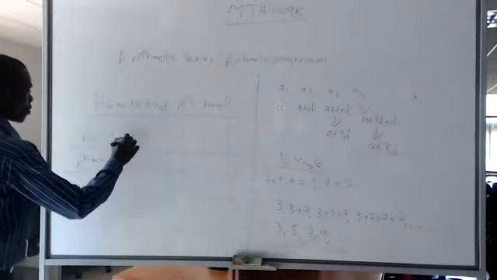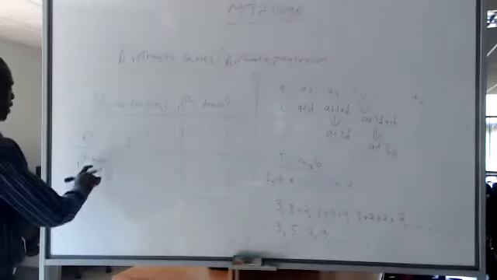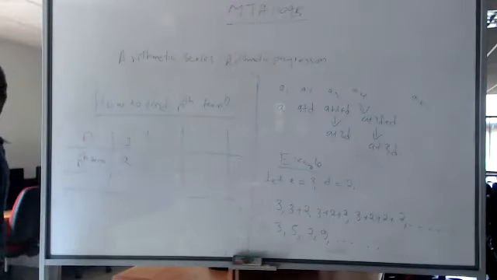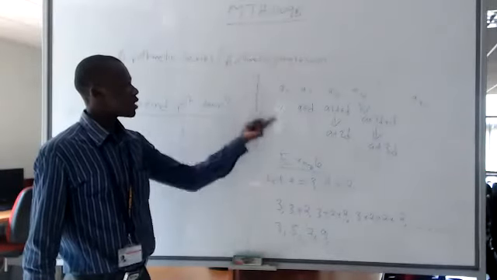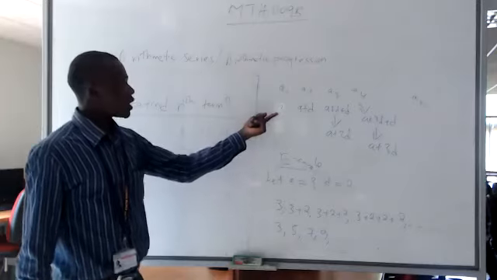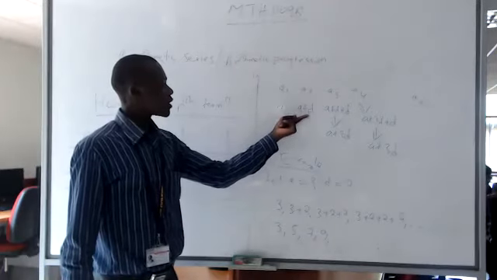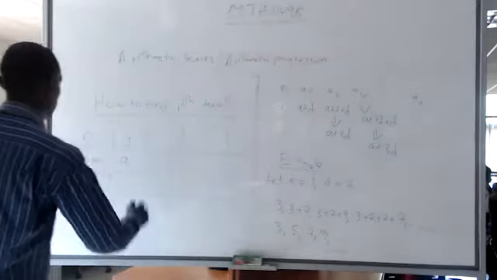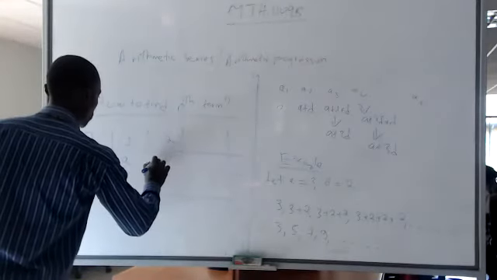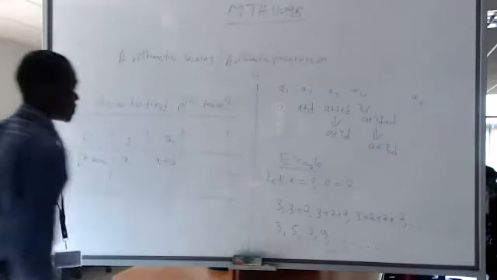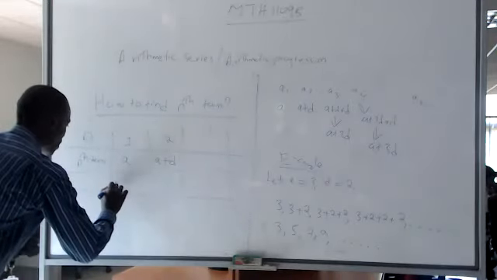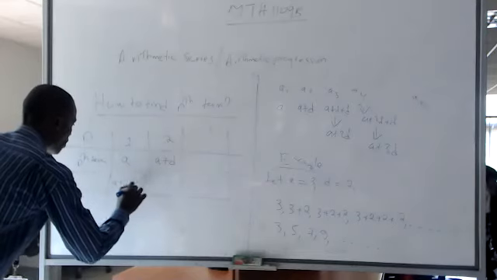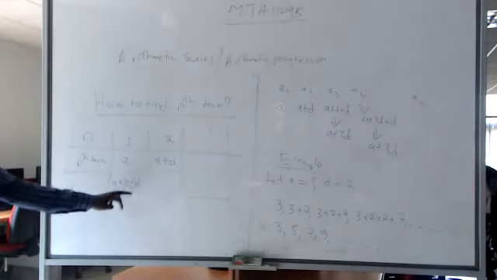So the first term, we're fixing it to A. That's the very definition of an arithmetic sequence. Then to get the second term, we add a common difference. So the second term is A plus D. So at n is 2, we have A plus D. Now remember, I could write the first term as A plus 1 minus 1 times D. What is 1 minus 1?